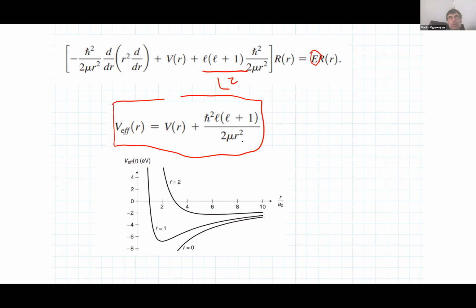You can think of it as a quantum Coriolis force. I don't know if you guys have ever heard of the Coriolis force. So this potential is funny, it blows up at the origin. It means that if the electron wants to move around the nucleus faster, it has to actually move further away, right?